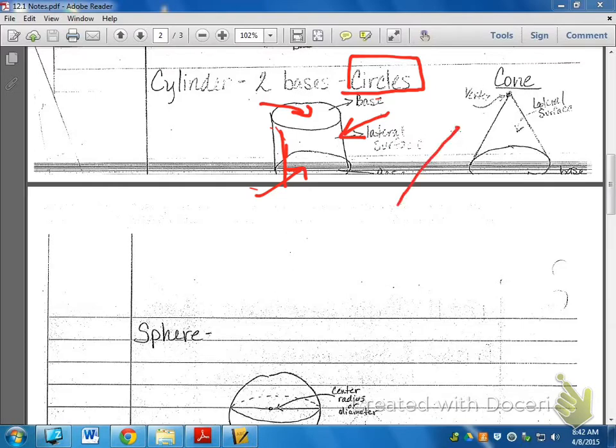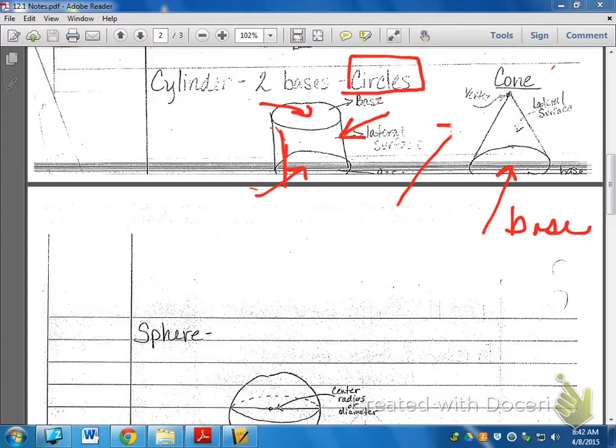A cone is comparable to a pyramid because it has one main vertex, it has one base, and then the lateral surface is around. Like if you were holding an ice cream cone, what you would hold would be the lateral surface. One main vertex and one base.